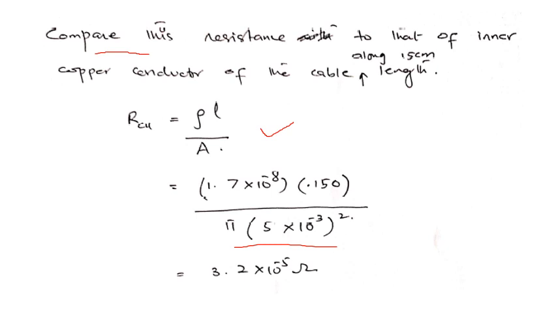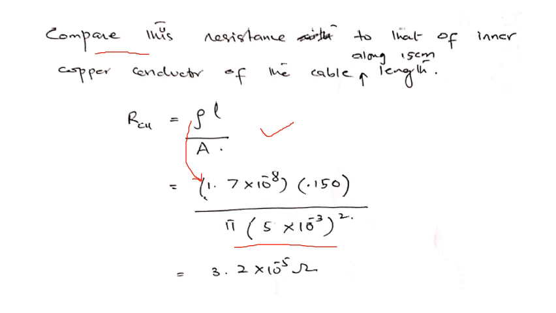So the area which we will use will be for a circle, that is pi r squared. Now putting in the values, the rho will change because now we are considering copper. So the rho of copper will be used here. The length will stay the same, but area will be pi r squared. So putting in the values, I'll get 3.2 into 10 to the power minus 5 ohms.